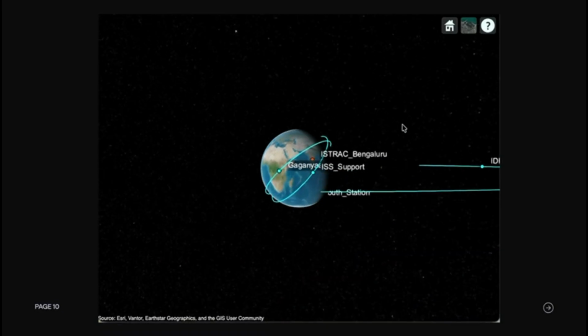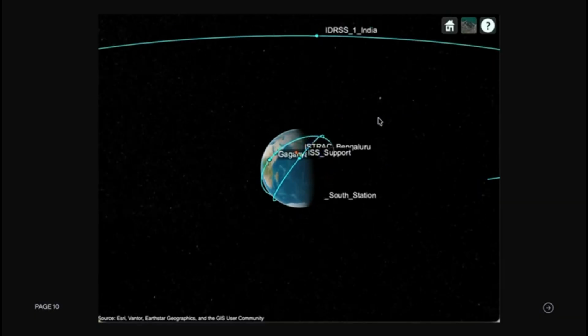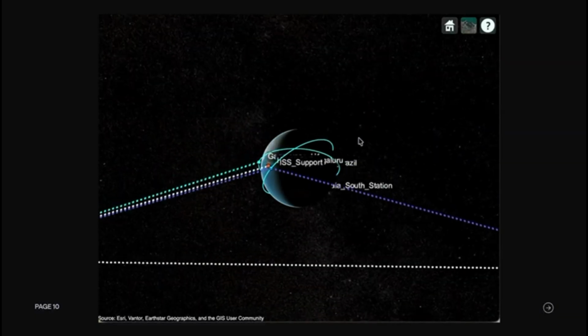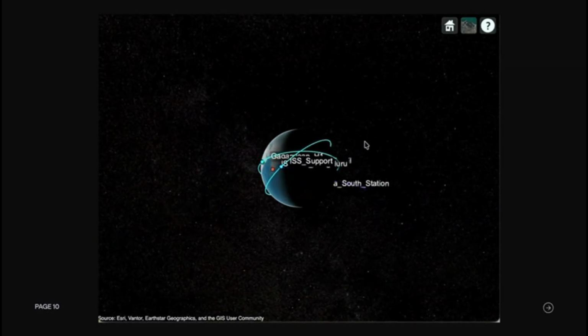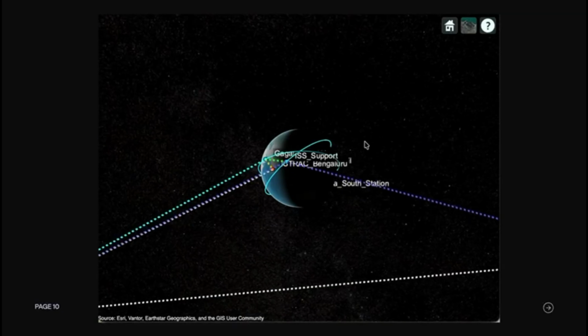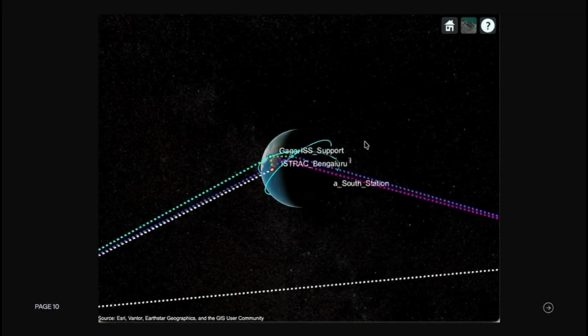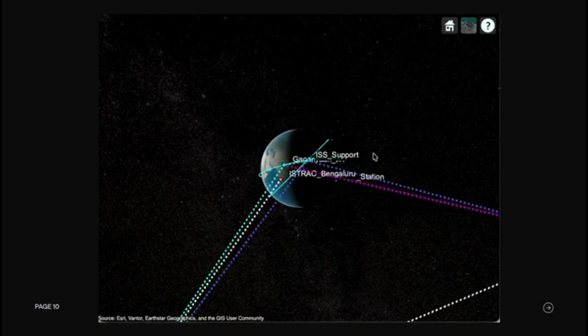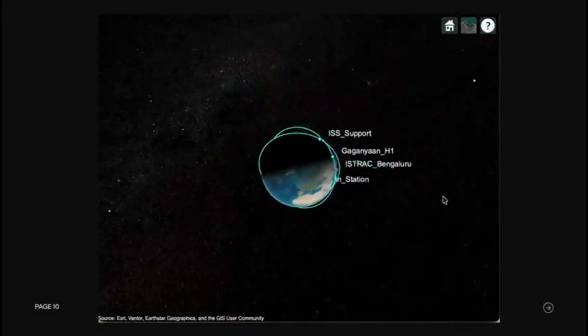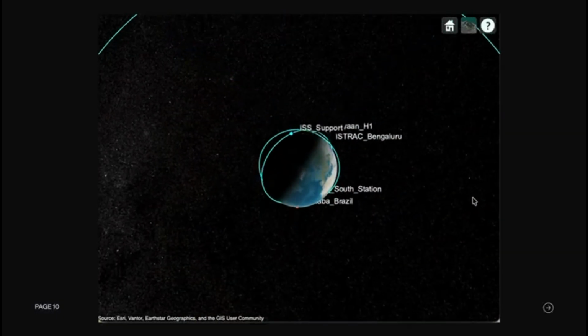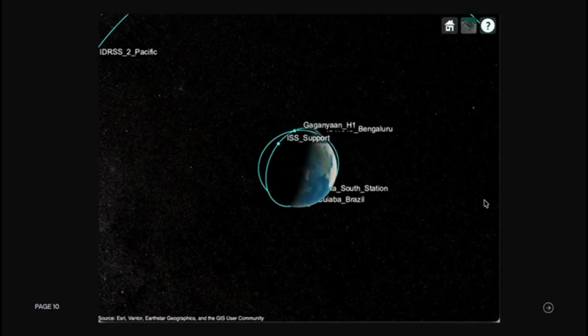The IDRSS can communicate within themselves and with ISRO throughout. I have differentiated the links with different colors. We have simulated two full revolutions of Gaganyaan around Earth.